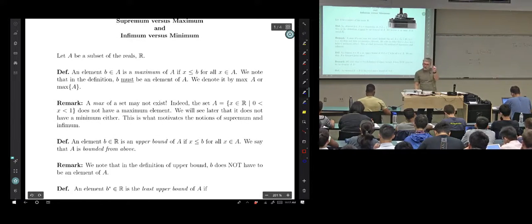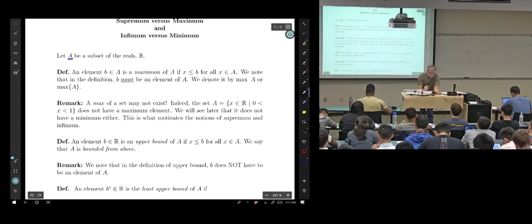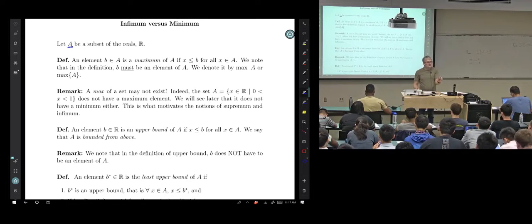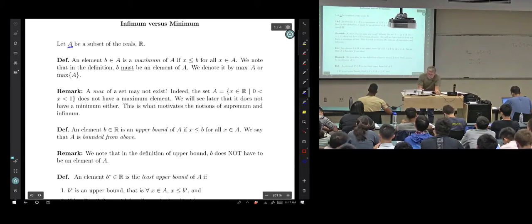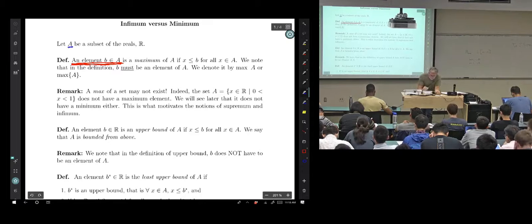And it's one subtle little difference, and it makes a very important difference. So let A here be any subset of the reals. What do I mean by the maximum of A? The maximum of A has to be an element of A, first of all. And this is the key part. A maximum must belong to the set. So make that note.